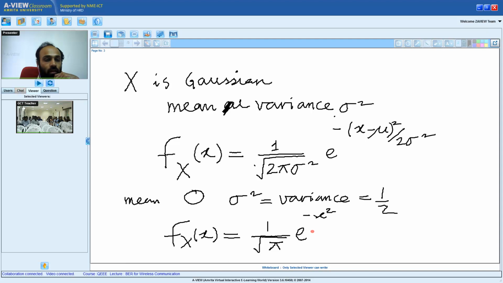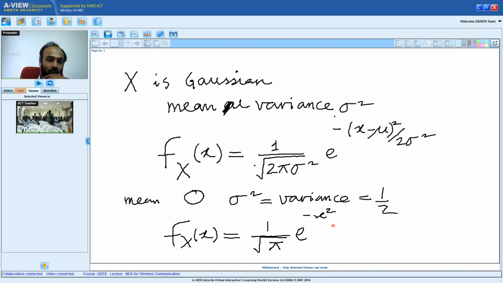Where is the 2 coming from? It is divided by 2 sigma square. Sigma square equals half, so 2 into 1 by 2 is 1. Please pay attention carefully. Then e power minus x square only.